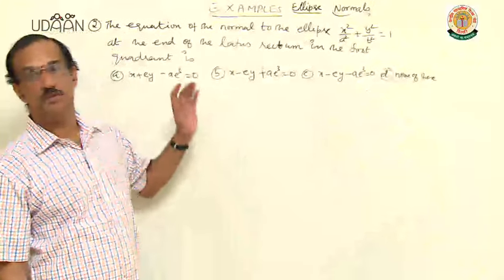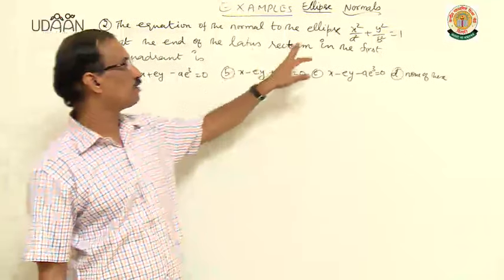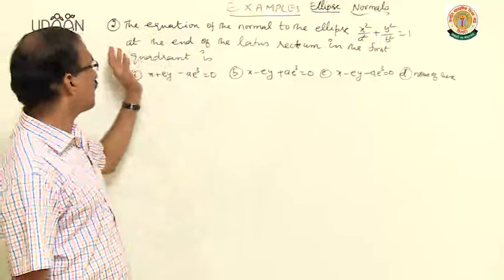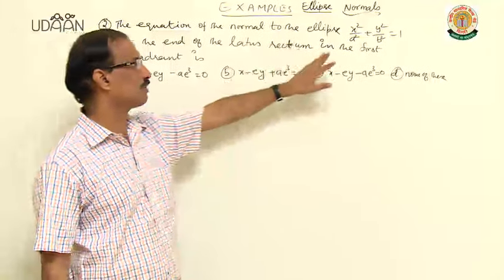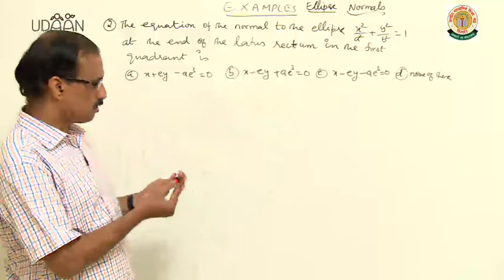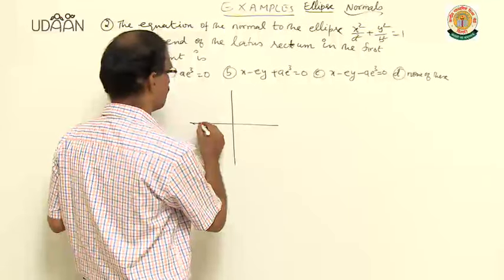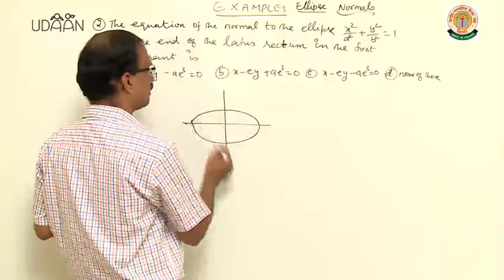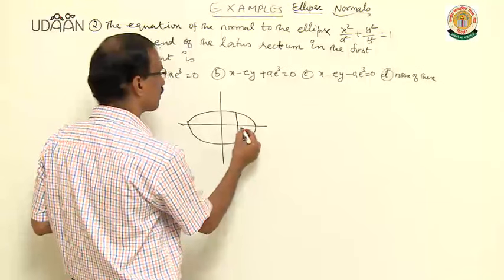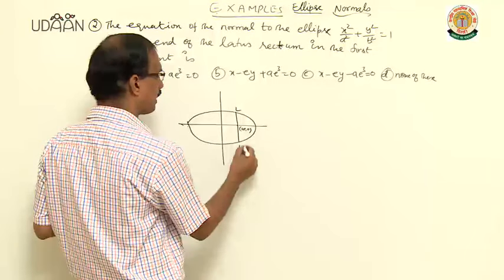Now let us move to example 2. What it says: the equation of the normal to the ellipse x square by a square plus y square by b square equal to 1 at the end of the latus rectum in the first quadrant is this, we have to check it. So we know that as it is an ellipse, its latus rectum passes through the focus, that is ae comma 0, L L dash.